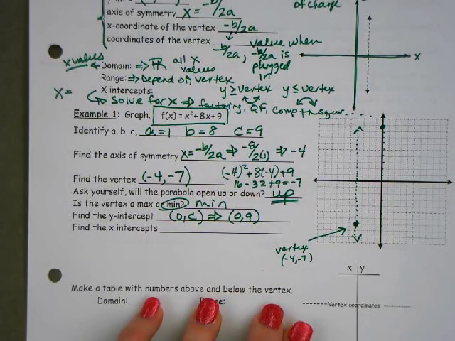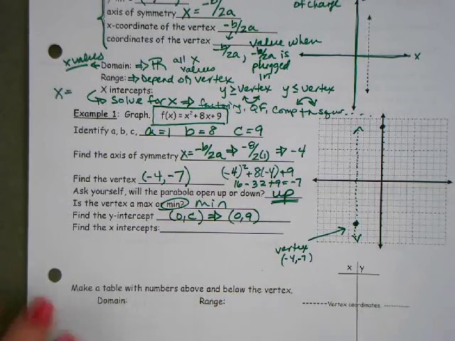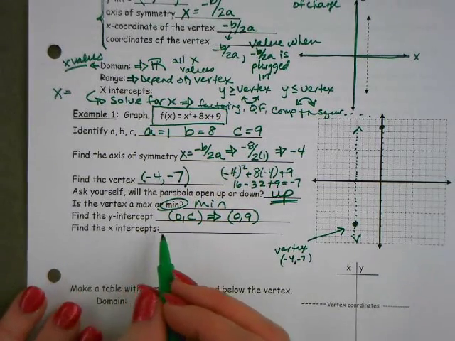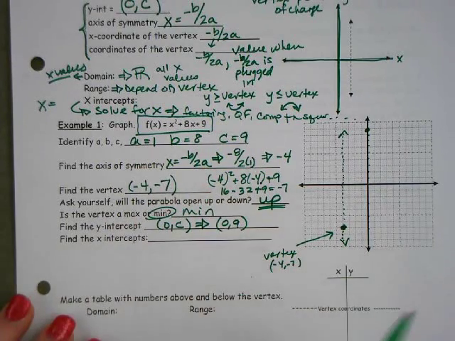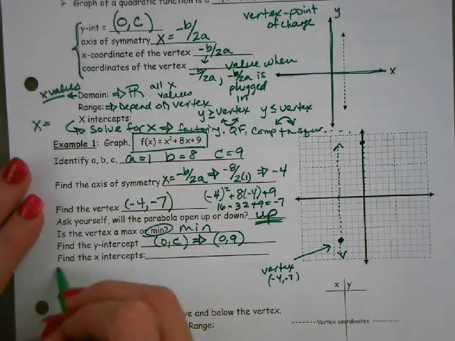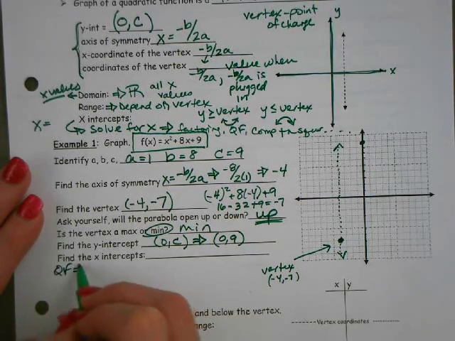Now it wants to know the x-intercepts, and for the x-intercepts we would probably want to use the quadratic formula. You can factor it, but on this one you don't get pretty numbers at all. So we would do the quadratic formula, and I'm just going to put it in. I'm not going to solve it for you. I'll just tell you what the answers are at the end.